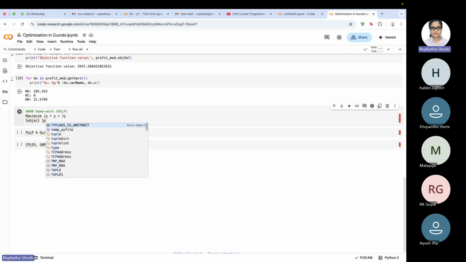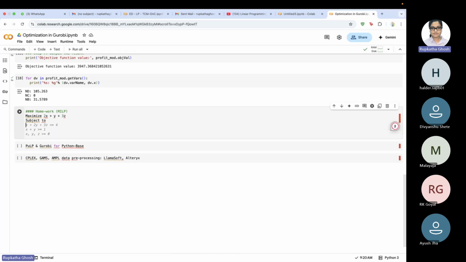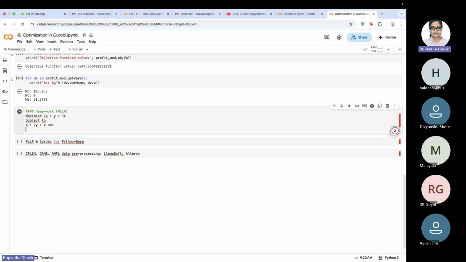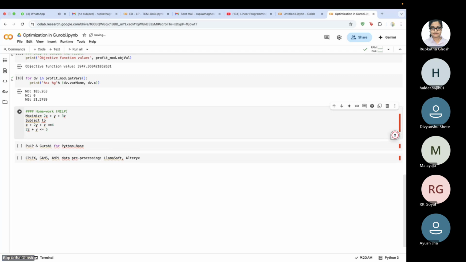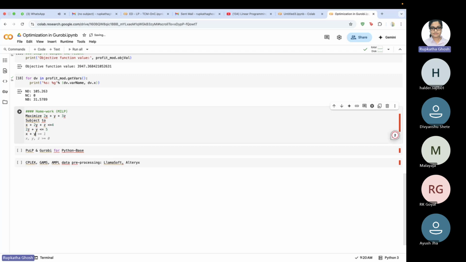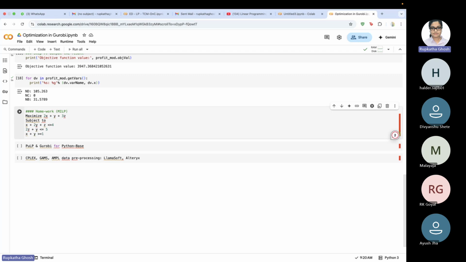So your new model is, this is just a random model that I'm giving: maximize 2x plus y plus 3z, subject to x plus 2y plus z less than or equal to 4, 2z plus y less than or equal to 5, x plus y greater than or equal to 1, where x can be only 0 or 1, that is, it is a binary variable.